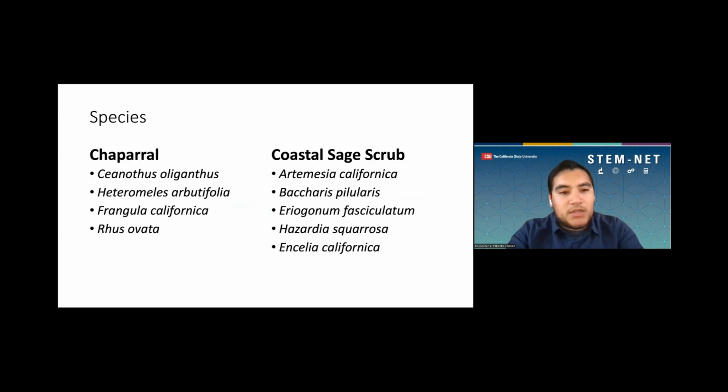For this project, we focused on 9 species in total, 4 of which were chaparral and 5 were coastal sage scrub. For the chaparral, we used Cyanotus eleganthus, Heteromeles arbutifolia, Frangula californica rustivata, and for coastal sage scrub, we focused on Artemisia californica, Baccharis pilularis, Eriogonum fasciculatum, Hazardia sclerosa, and Salvia californica.